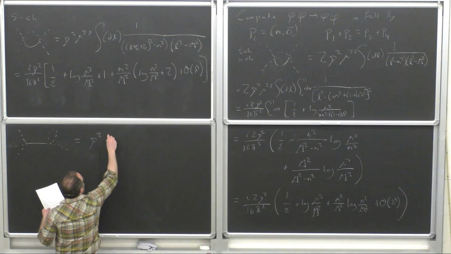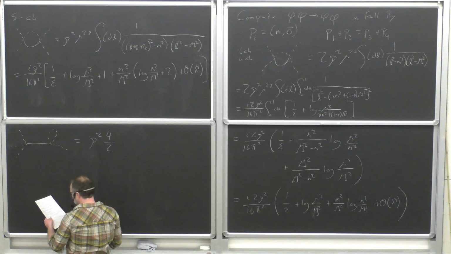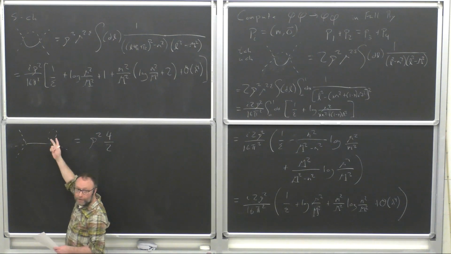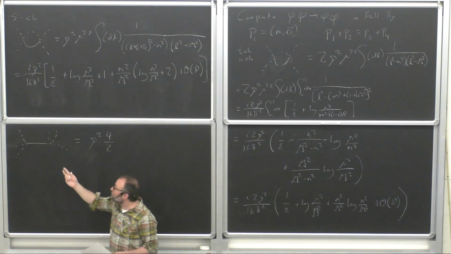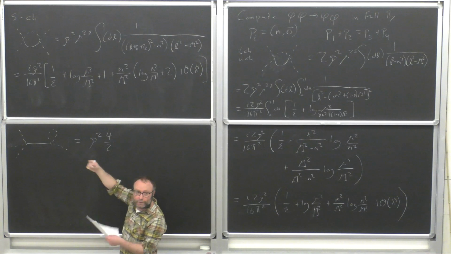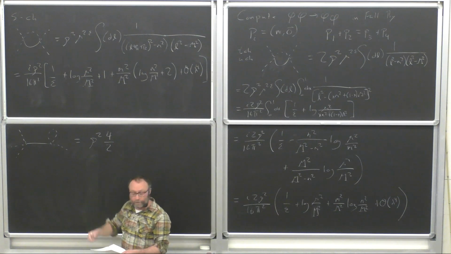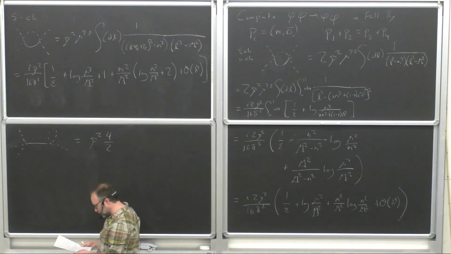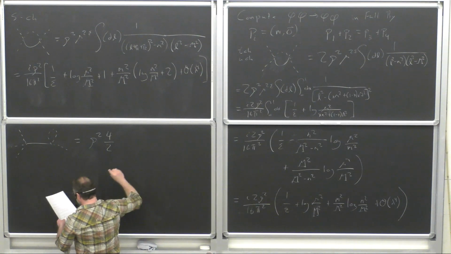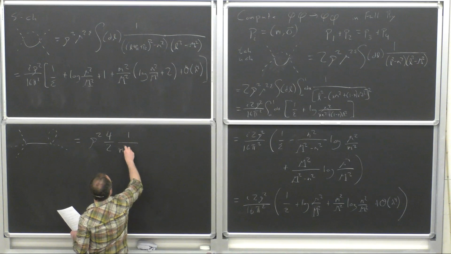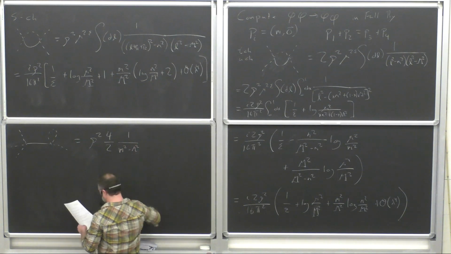rho squared. Now the symmetry factors matter, so you get a half, right? This is a real scalar bubble, so you get a half symmetry factor there, and this 4 comes from the permutations of the external labels. And then there's this propagator. At threshold, that's a 1 over m squared minus capital M squared.